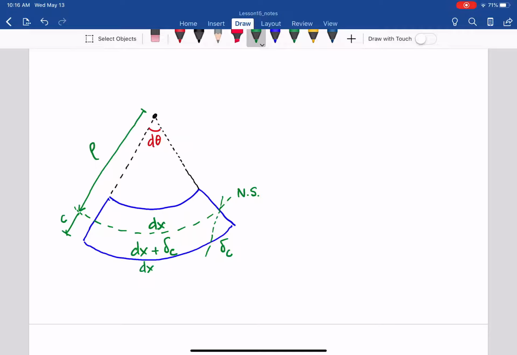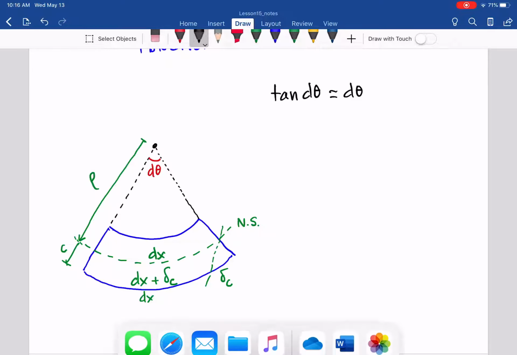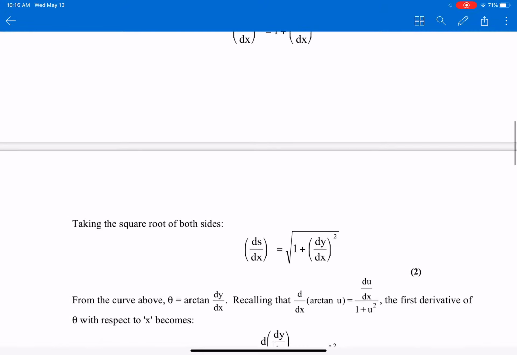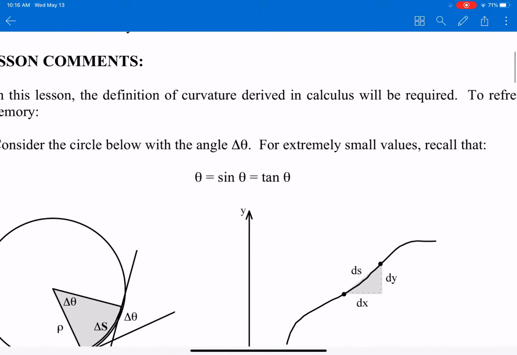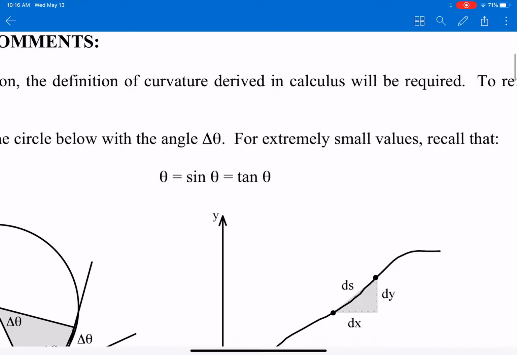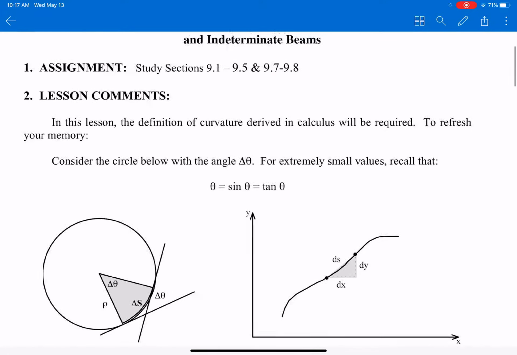So what do we have here when it's small angles? The tangent of the angle d theta is about the same as d theta for small angles. Otherwise, go back and review your calculus: for an extremely small value, theta is about the same as sine theta and tangent theta, measured in radians.